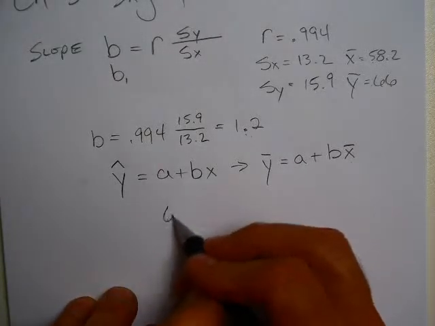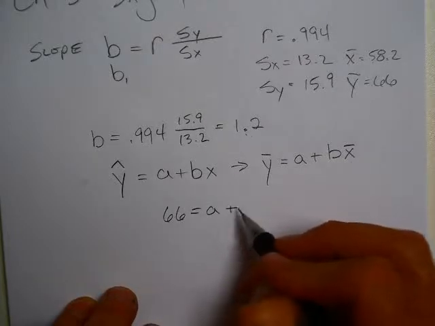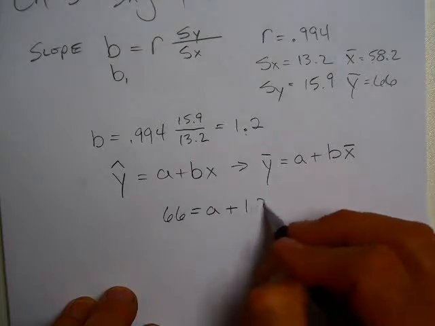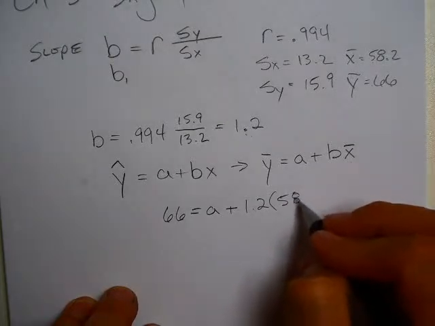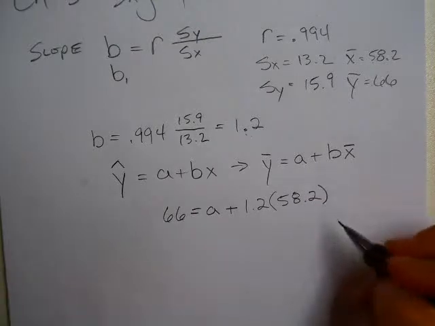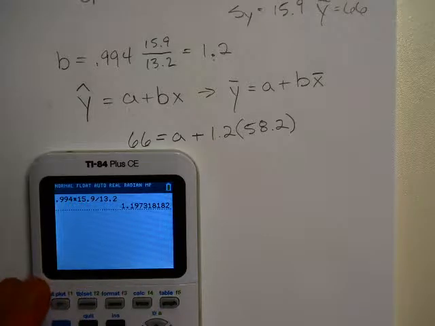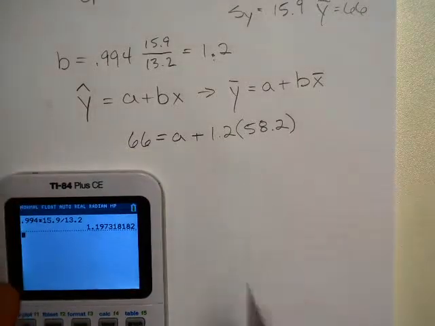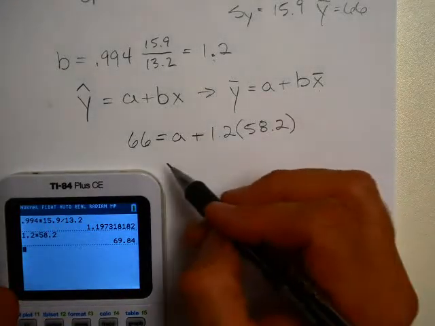So this is going to be 66 equals a plus 1.2 times 58.2, getting ahead of myself on the decimal there. So let's see, if I'm solving this, 1.2 times 58.2 is 69.84.